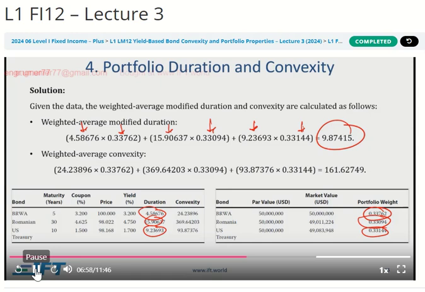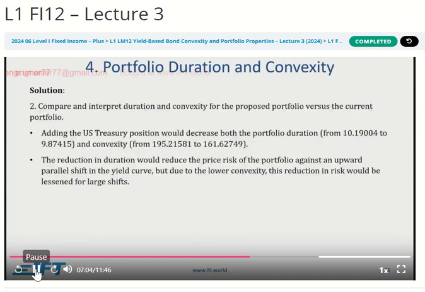Similarly, the same thing for the convexity. And for the current portfolio, that is done by assuming that the US treasuries would not have been added. And then you see that the duration is going down and the convexity is also going down, right?